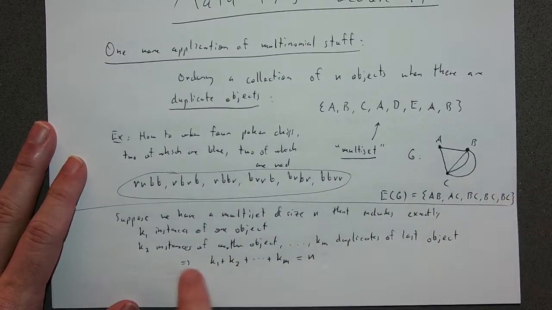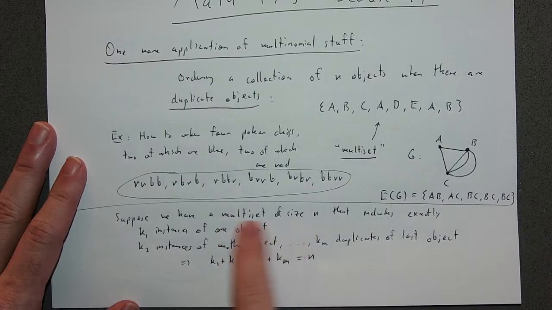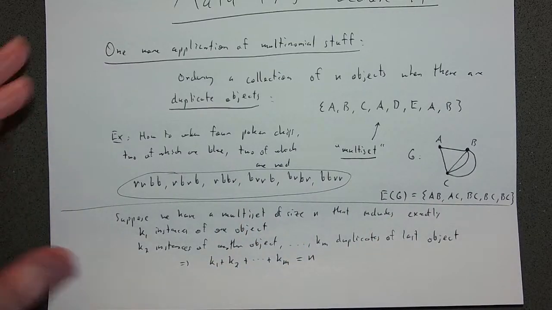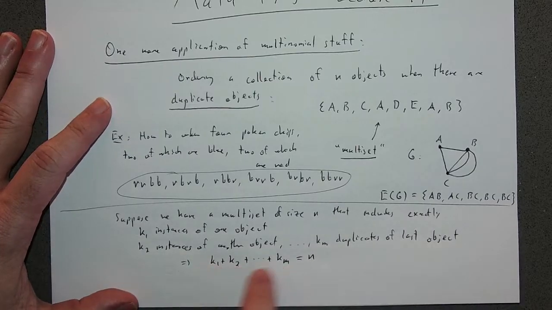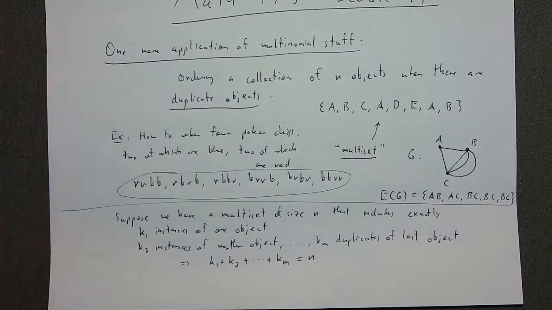So the total number of objects is n, because that's the size of our multiset. There are m different types of objects, right? But each of these describes the number of each type of object. There's type 1, type 2, all the way to type m.